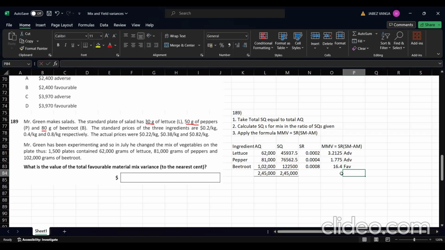Done. Overall variance is equal to, take the adverse variances, add them up, and from that deduct the favorable variance. We see that the favorable variance is higher than the adverse variances, so the other way around, we take the favorable variance minus both the adverse variances. This is a favorable variance.